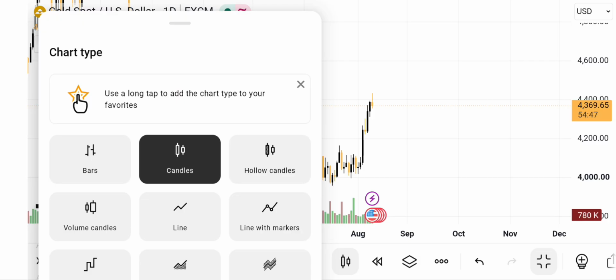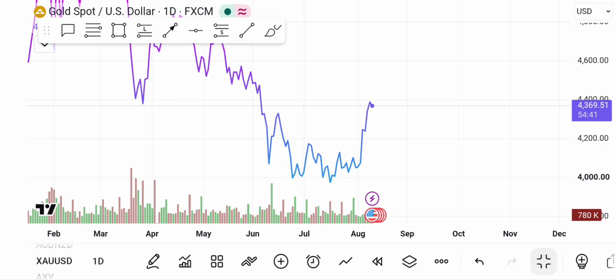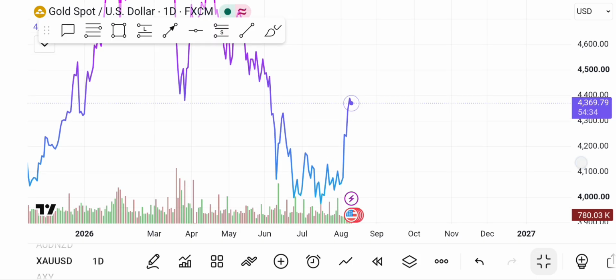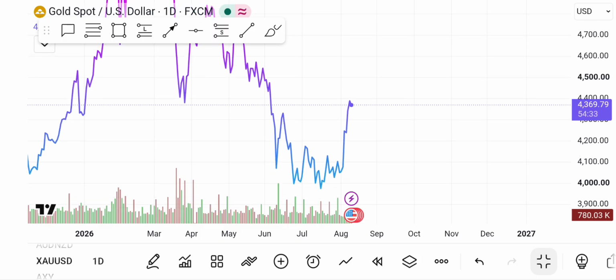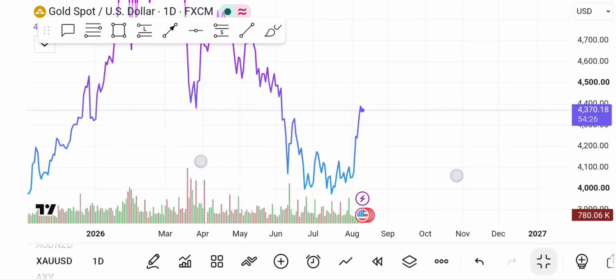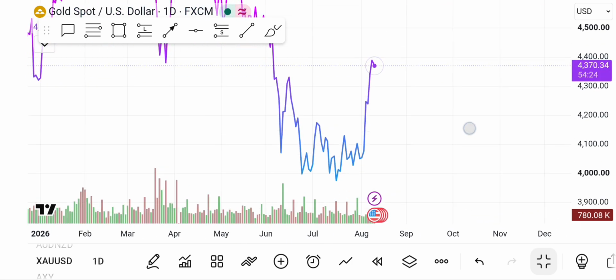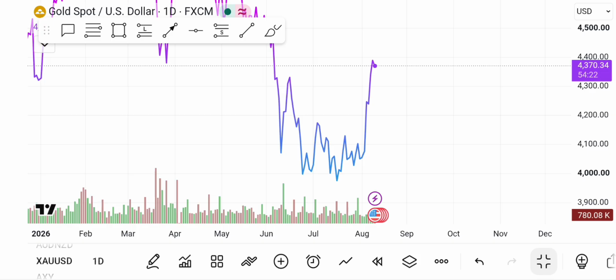I'm looking for buy zones and sell zones. Structurally, gold is changing to bullish, so my focus now will be on maximizing going long instead of going short. So looking for a buy zone is simple.